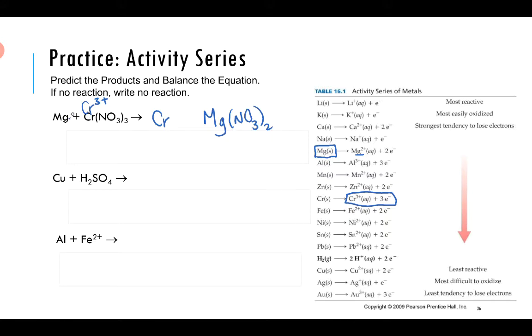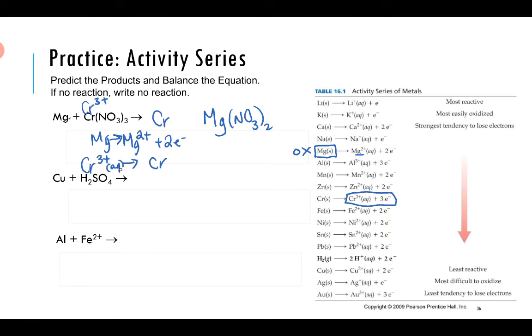My magnesium would be changing from magnesium to magnesium 2+ in the single displacement reaction. That is oxidation. And so this is my oxidation half. And my chromium is going to be changing from chromium 3+ to chromium solid, neutral.